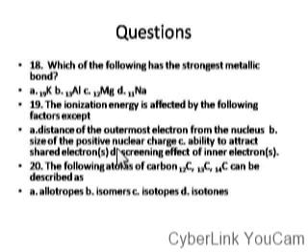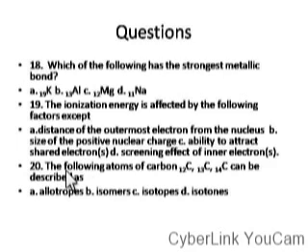Size of the positive nuclear charge: yes, it affects it. The more the charge, the stronger the ionization energy. Ability to attract shared electrons: no. That is basically electronegativity. The screening effect also has an effect on ionization energy. So the correct answer there is option C, which does not affect it.